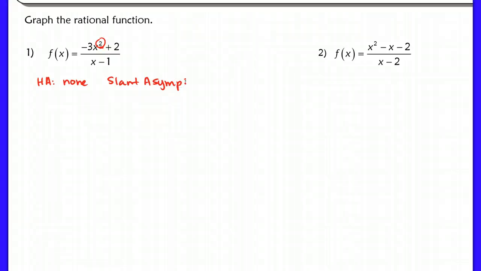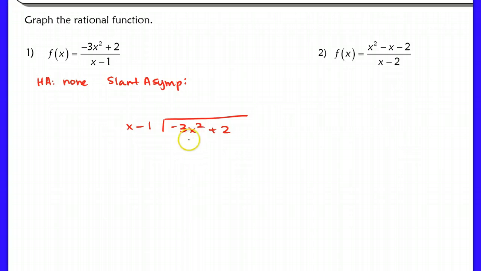So to find the slant asymptote, you are going to use long division. You're going to take the numerator, negative 3x squared plus 2, and divide that by x minus 1. So this is basically a review of last year's algebra for long division.